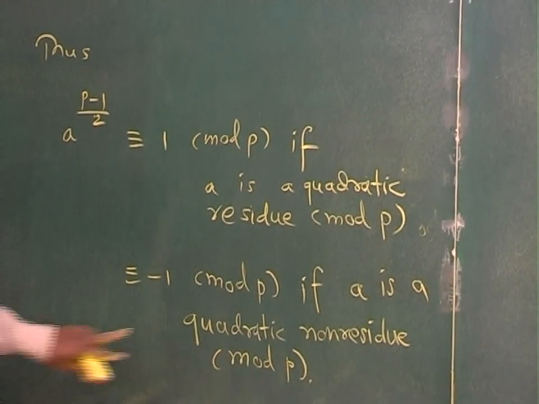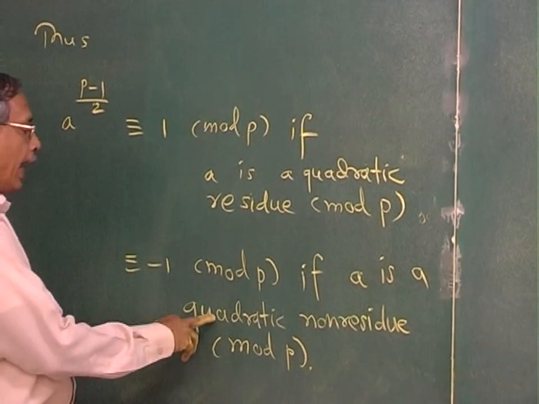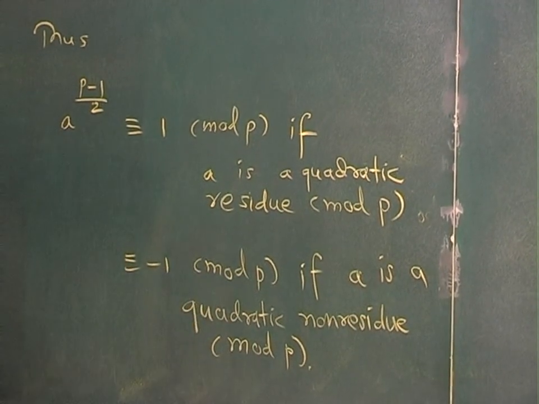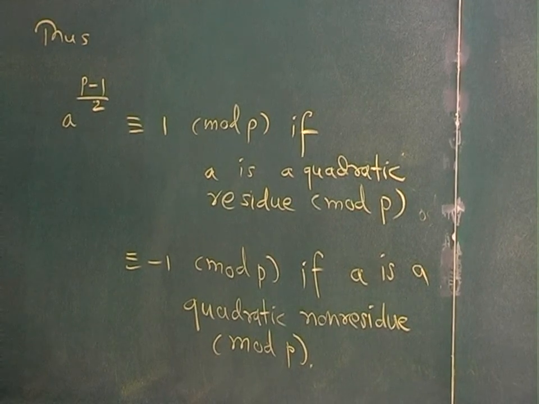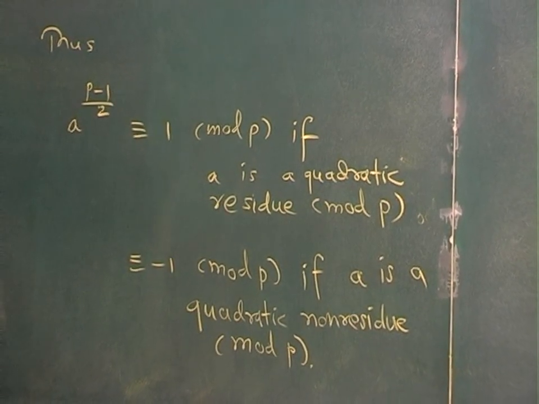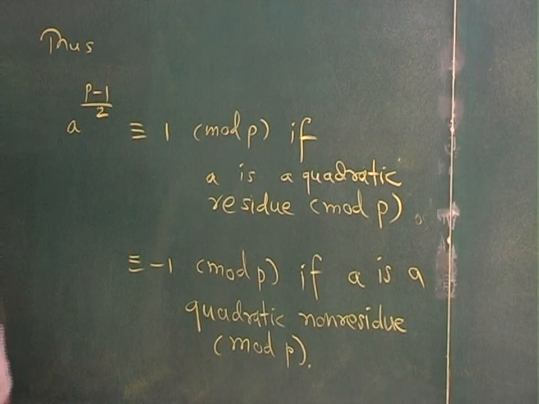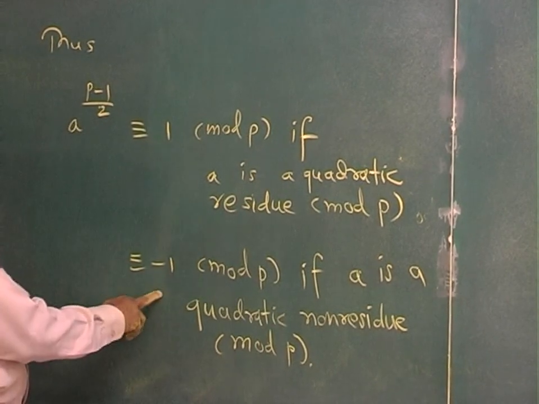That means non-residue means a equal to b square, such a b does not exist. a congruent to b square mod p. This is the criterion of Euler.